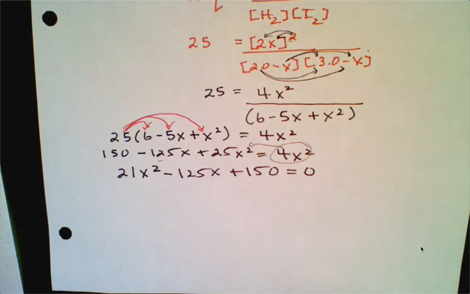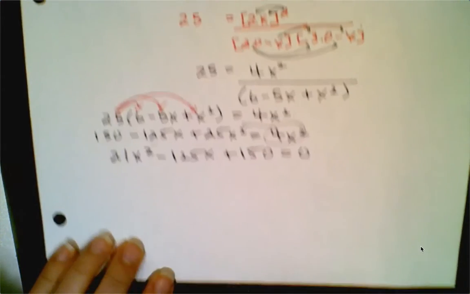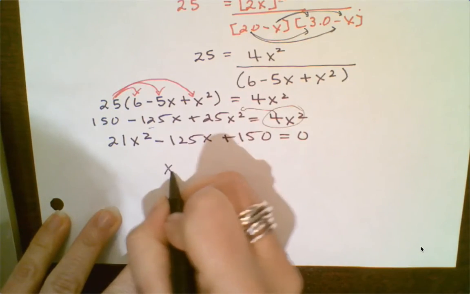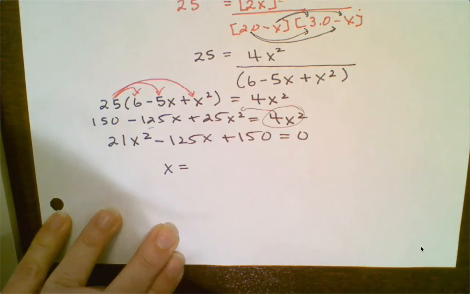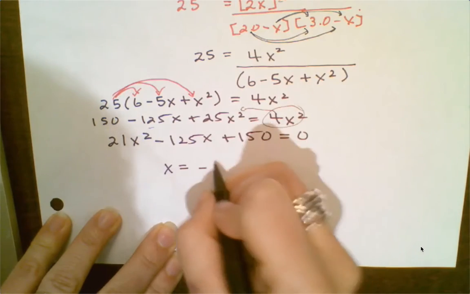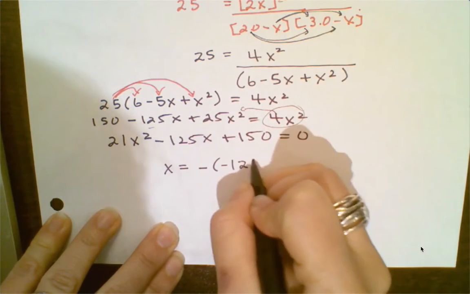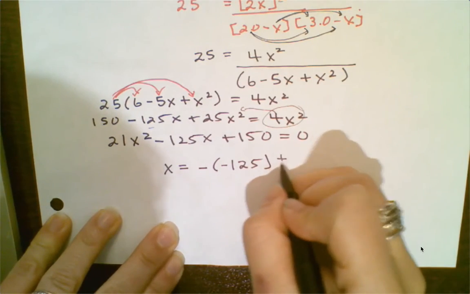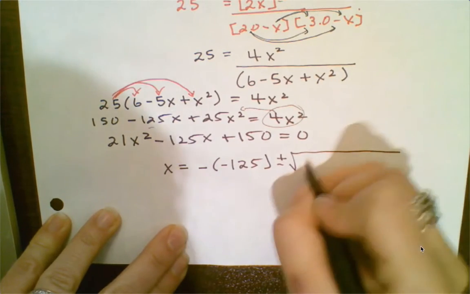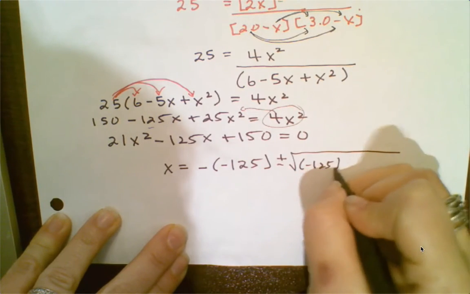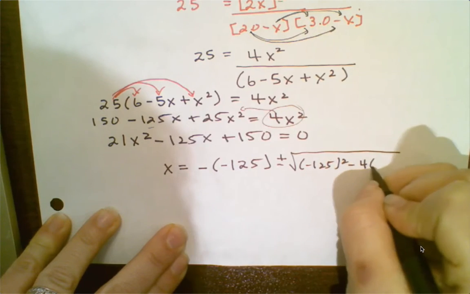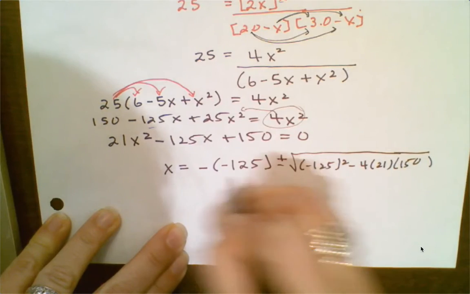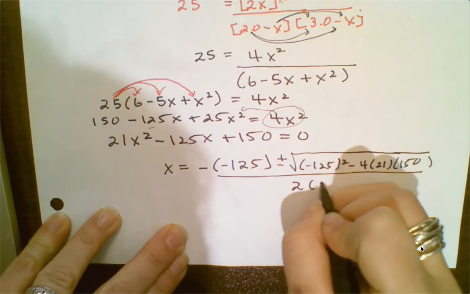At this point, we need to use the quadratic formula in order to solve for X. So we're going to set X equal to negative b, which happens to be negative 125, plus or minus the square root of negative 125 squared minus 4 times 21 times 150, all divided by 2a, which is 2 times 21.